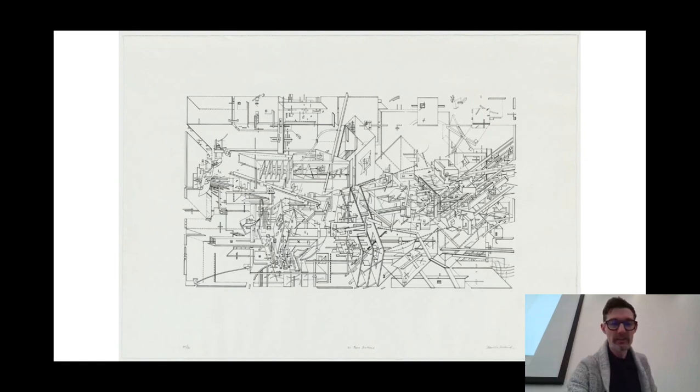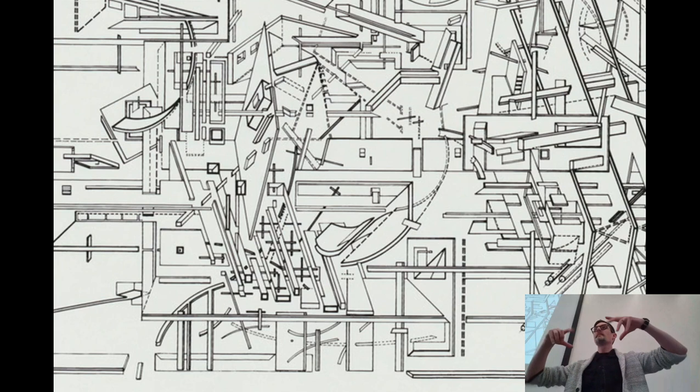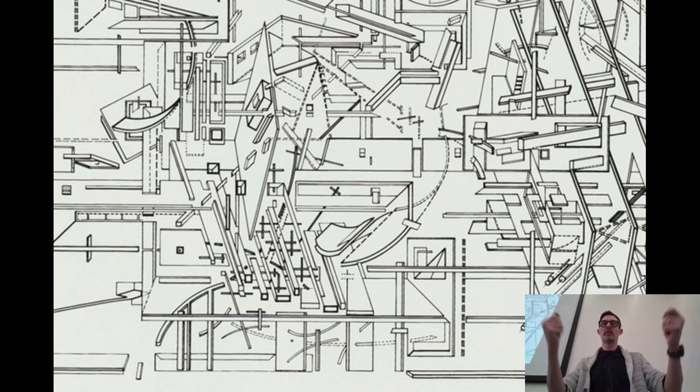So it looks digital, but it is analog. There's something about this drawing that's tapping into the crazy complexity of what digital architecture can make, but it's done using a ruler and some pens. That's literally how it's made. It's on paper. You can hold it in your hand. That's how it was drawn.